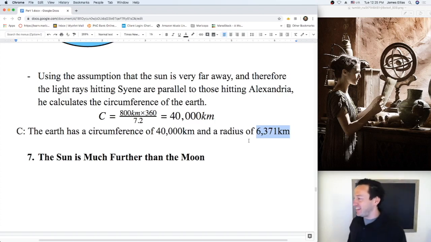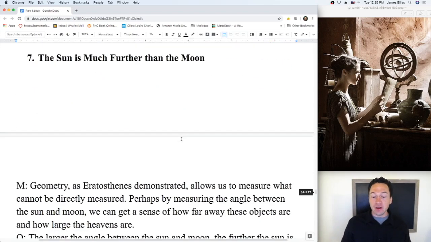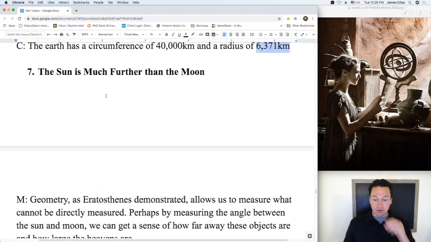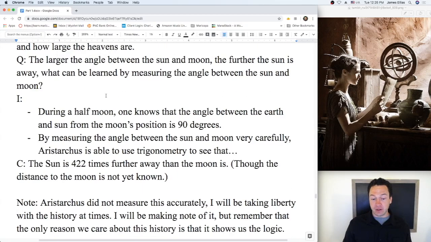And what we will see is that this knowledge ends up bringing the entire solar system into perspective for us. It ends up allowing us to measure the distances and size of our entire solar system. But before we get to that, I'm going to show you something that our next hero, Aristarchus, figures out.